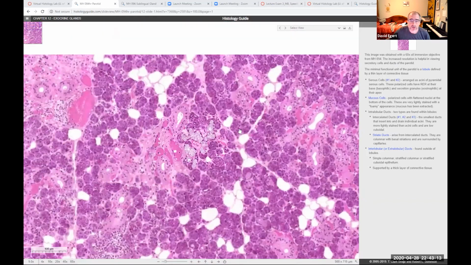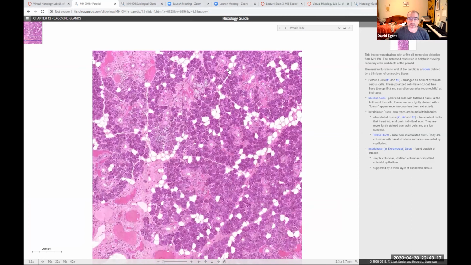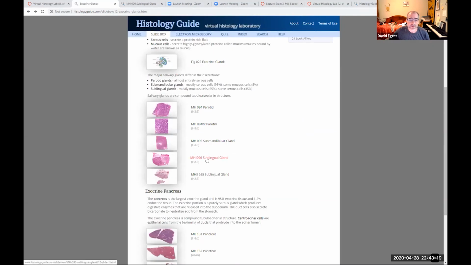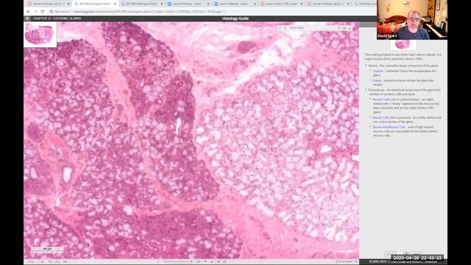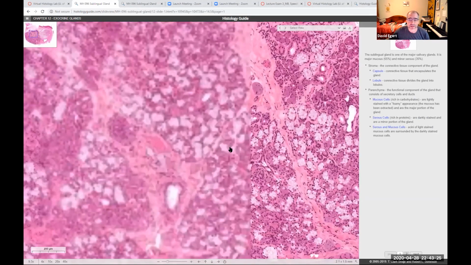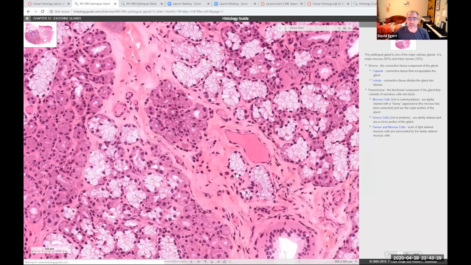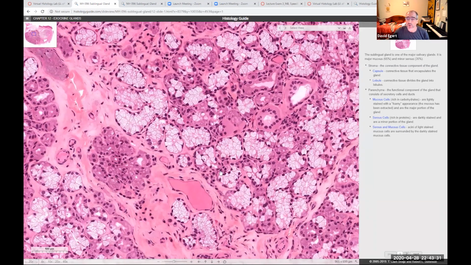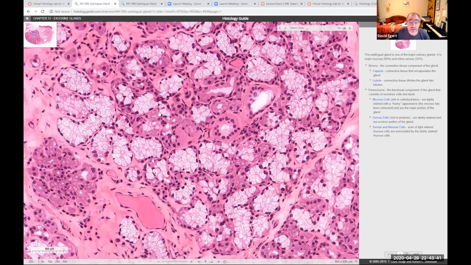In general, if we're looking at this gland, it's mainly serous. It's mainly these dark granular cells. If I go to the sublingual gland, it's going to be very different. If I go down and look inside here, you can see, oh my God, way more of these mucus cells, these kind of gloopy looking cells, and not so many of those dark staining serous cells. Do y'all see that?